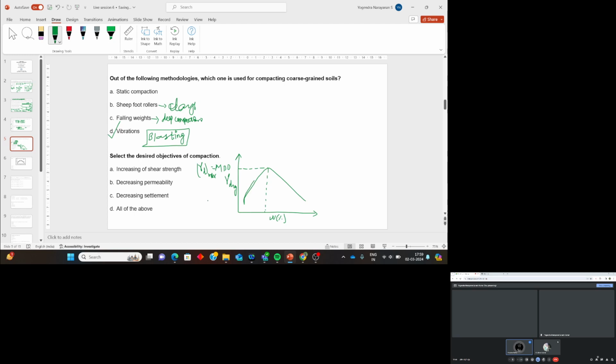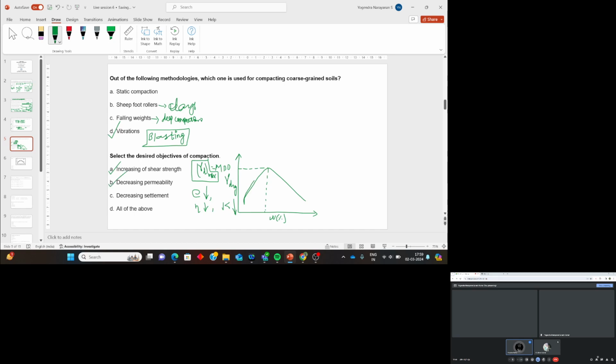So it increases. One of the reasons why compaction is done is that it results in an increase in density, which will increase its shear strength. This is also right. And when density is increasing, e will reduce, porosity will reduce, hence permeability will reduce.